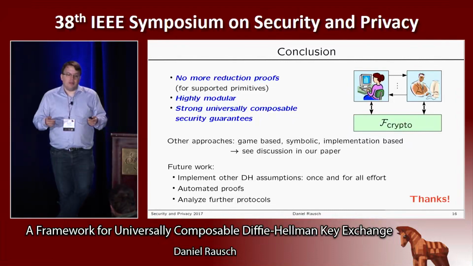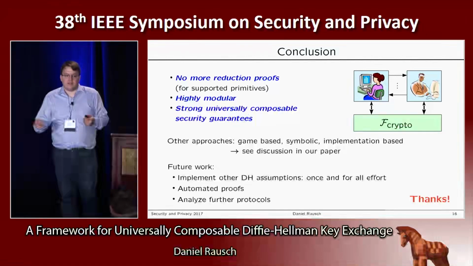Then we could argue that because there's no way to access this information anymore, there cannot be any way for an adversary to decrypt any messages encrypted with the session key later on, because he cannot get access. So it's not inherent to the UC model itself, but it depends on the modeling and uses this feature of F-crypto that no one can get access to anything if he doesn't have a pointer to one of the keys.